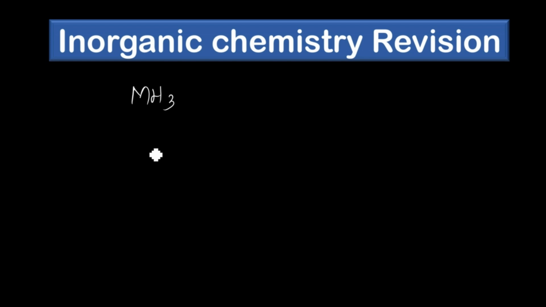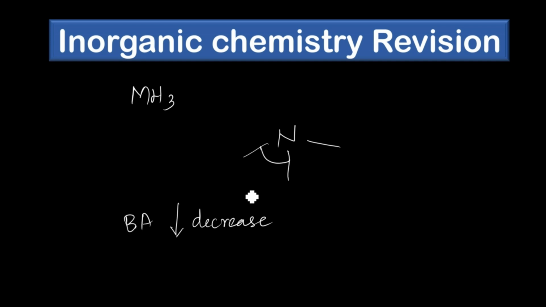As we go down the group, the bond angle of these will decrease. If phosphine is forming the hydride, then it will look like this. So it will decrease because of the increase in size and decrease in electronegativity of the atom.